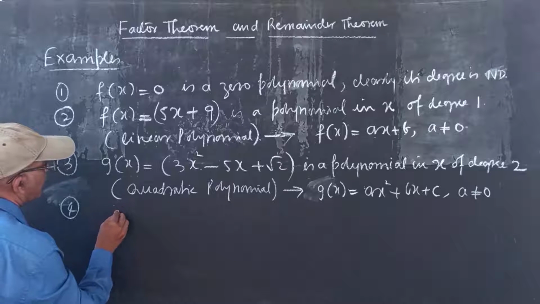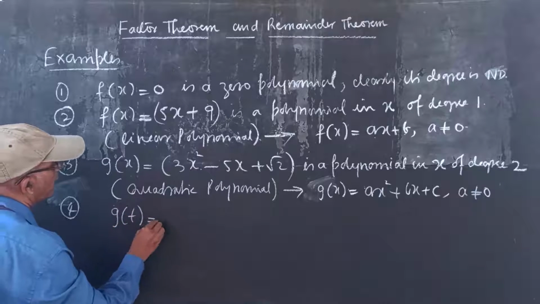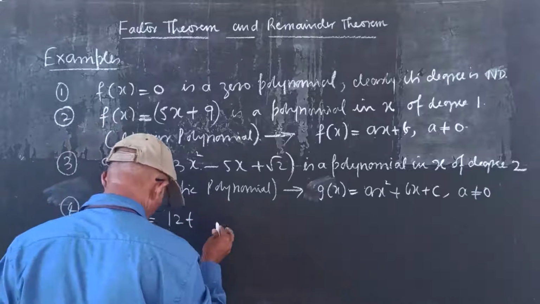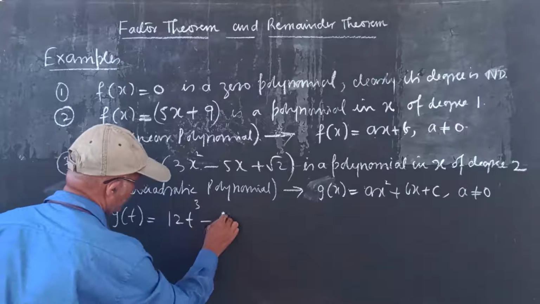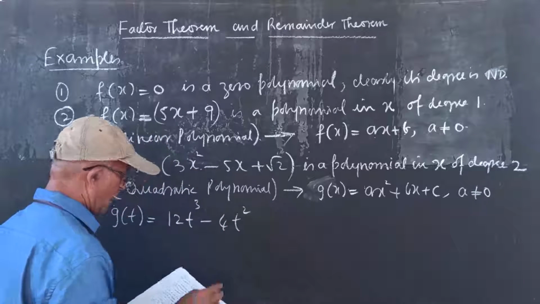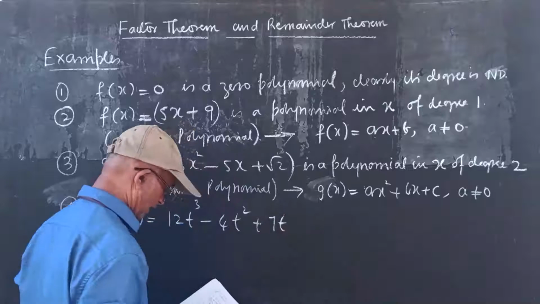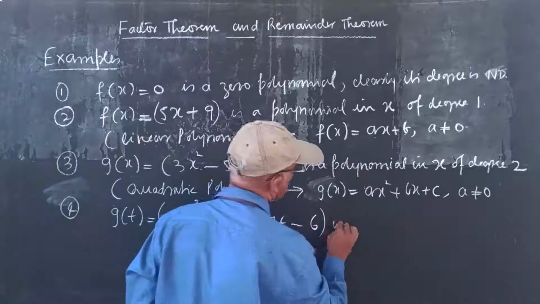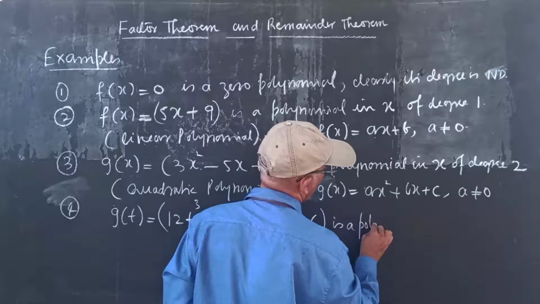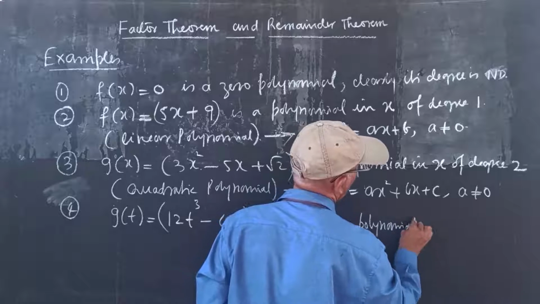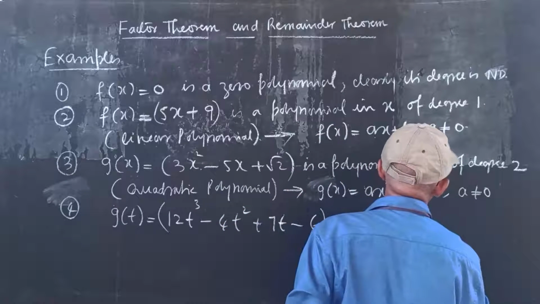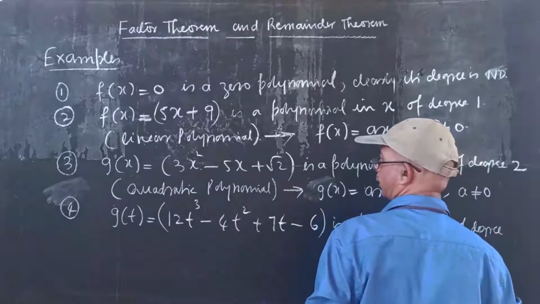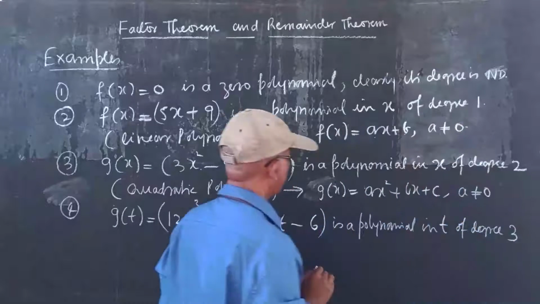Now we shall take the fourth one. I'll take it as g of t. g(t) is 12t cube minus 4t square plus 7t minus 6, is a polynomial in the variable t of degree 3.